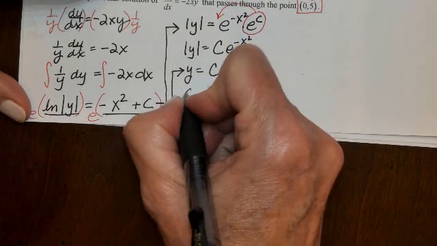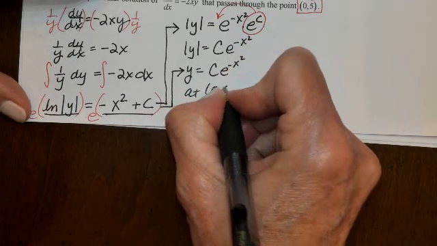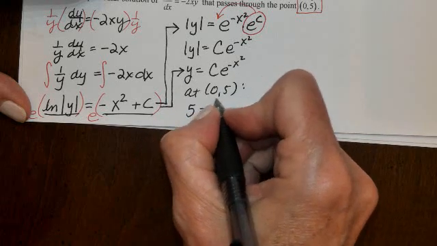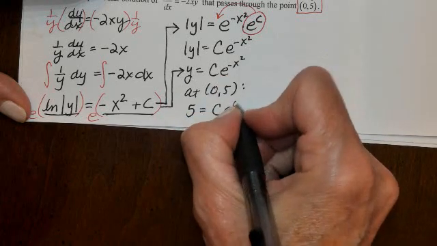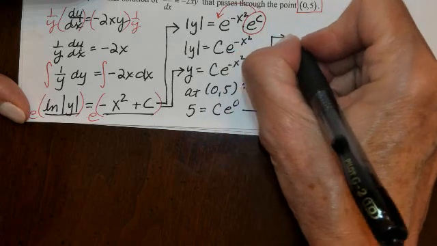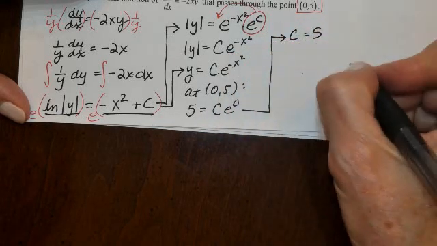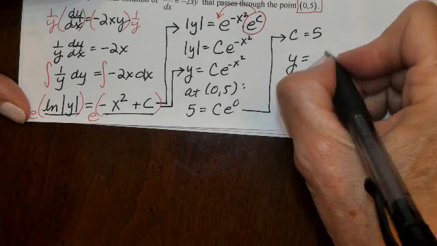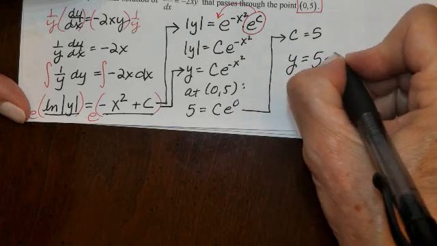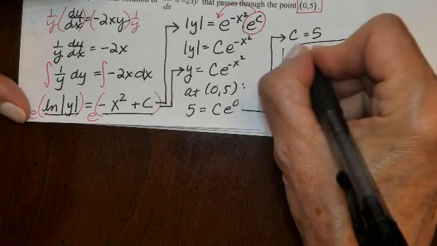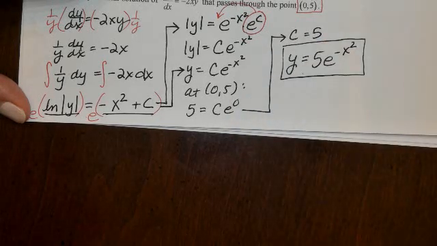So I'm at the point 0, 5. We have 5 is equal to c e to the 0. What is e to the 0? E to the 0 is 1. So this gives us c is 5. So our particular solution is y is equal to 5 e to the negative x squared. I just boxed that, but you don't need to box that.